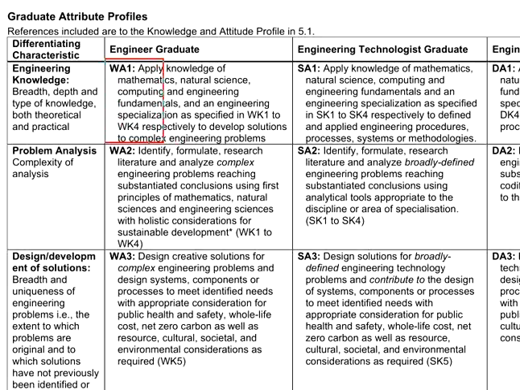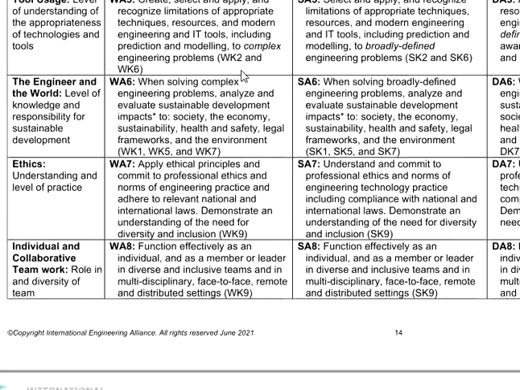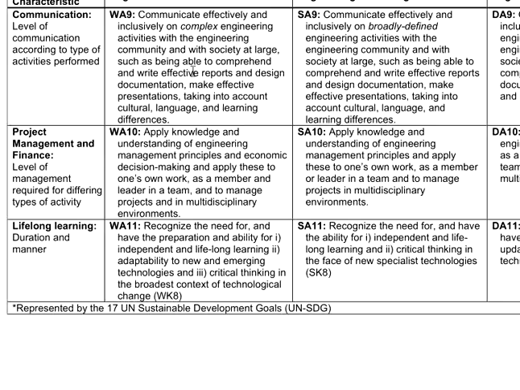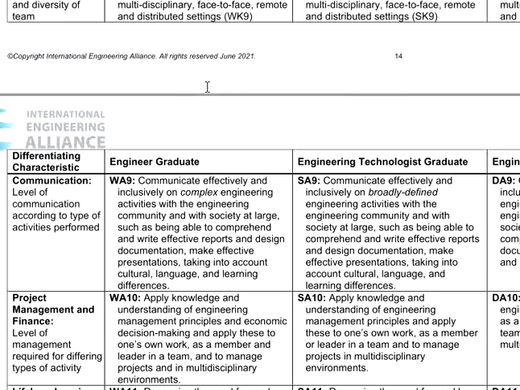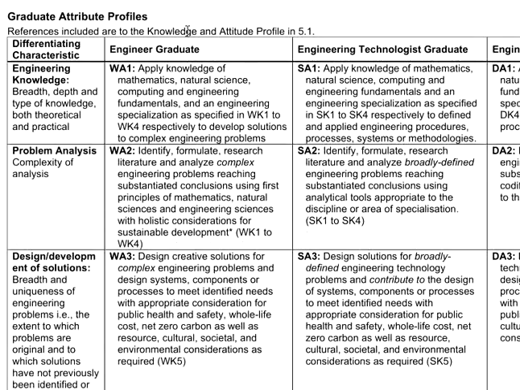All the countries will need to meet those requirements, and these graduate attributes define the breadth and depth of all the attributes which are considered to be essential as a graduate engineer working in those signatory countries.